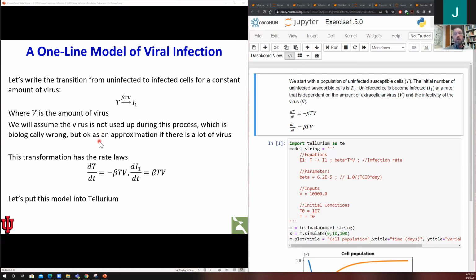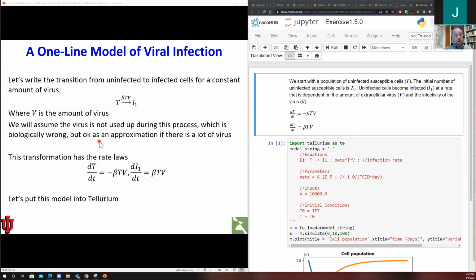And we're going to assume that the virus isn't used up when it does the infecting. In reality, of course, the virus is used up when it does the infecting. So our assumption is only good if the amount of virus is large compared to the number of cells being infected. That's usually, but not always, true.